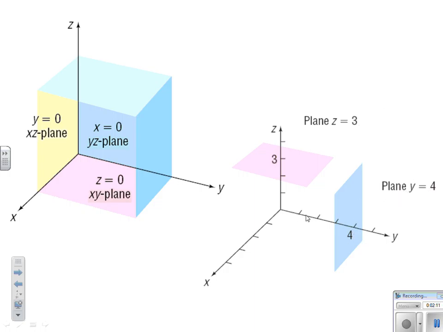So you go to your y axis, find 1, 2, 3, 4. All the points spreading out on that y equals 4 plane. So whereas before we had x equals 3 was a line, now in 3 dimensions we have just one value equaling a number that is a plane.